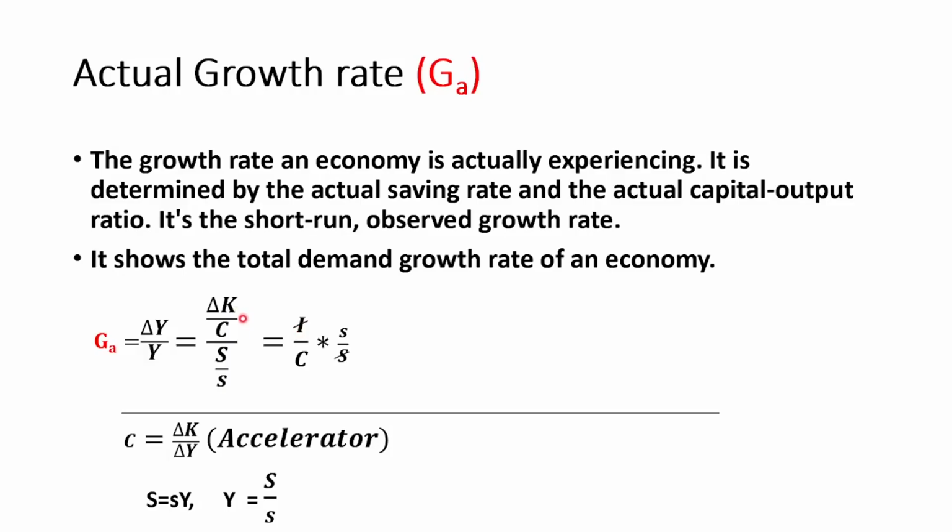So instead of ΔK we can write I, and C is the same. Now we know that according to the model's assumption, I = S, that means saving equals investment. That's why we can cancel these. The remaining part is s/C, where C means capital output ratio. This equation we already derived in our fundamental equation. So this is the actual growth rate.